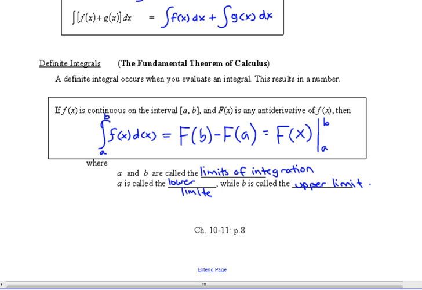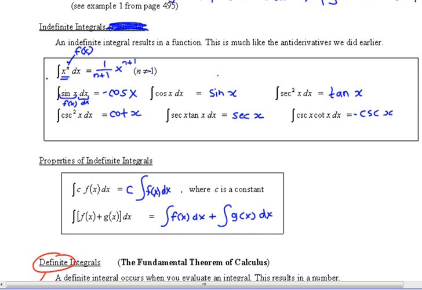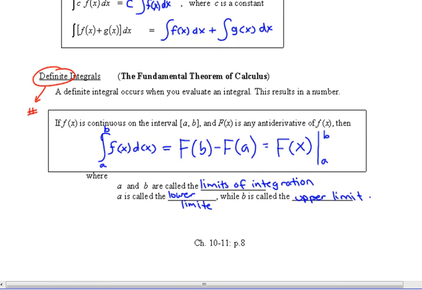A definite integral results in a number. An indefinite integral results in a function. So indefinite gives you a function, like an antiderivative, whereas we're going to actually get a number answer for a definite integral.